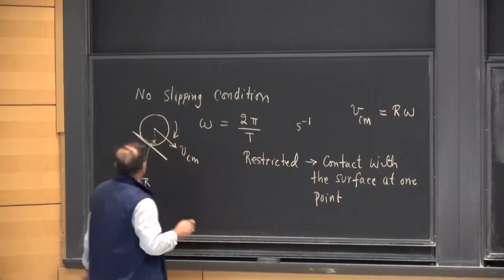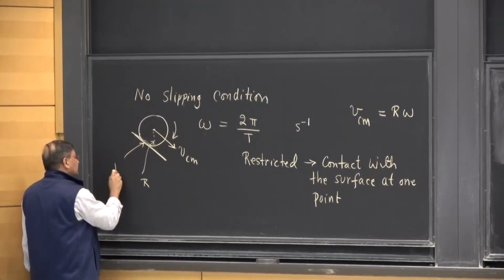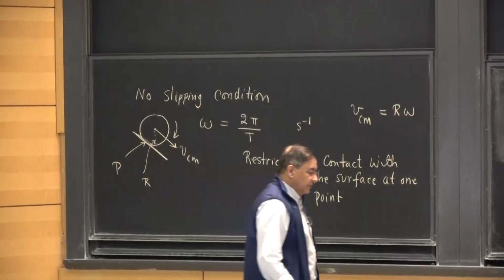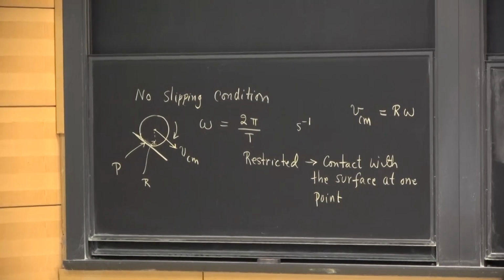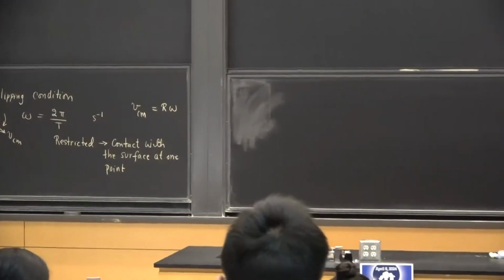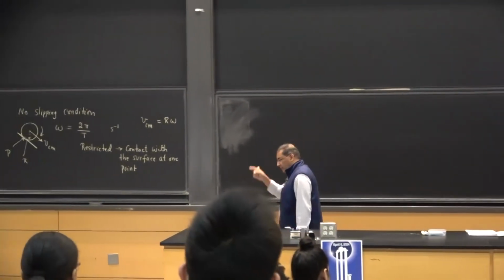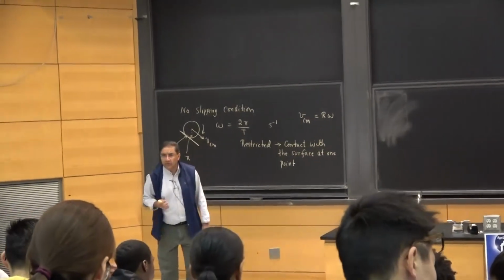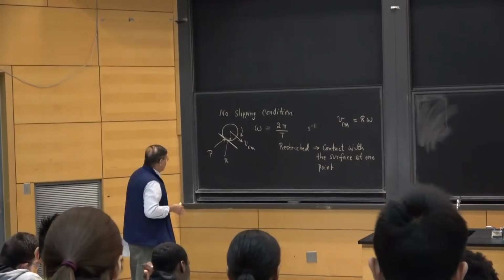In other words, this point contact is just at one point P. That is a very special assumption that we make, because we know very well, as we discussed earlier, that if it's not a single point contact, if the wheel is flattened, which they always will be, we assume it's not, but in a real life situation the wheel will be flat when it touches the surface, then one has to be a little bit more careful, because the nature of friction and rotation will be affected.